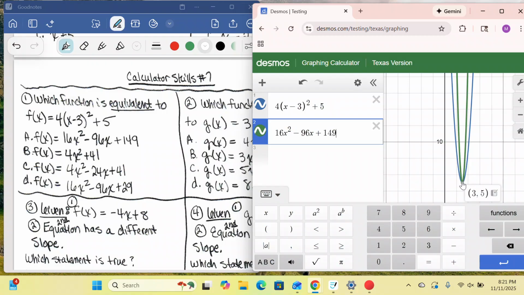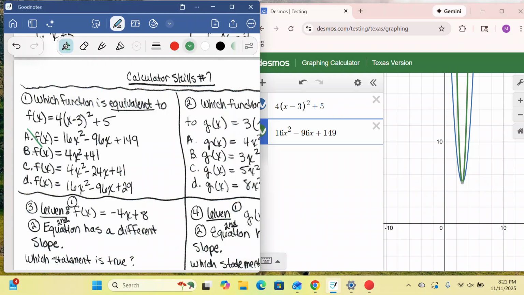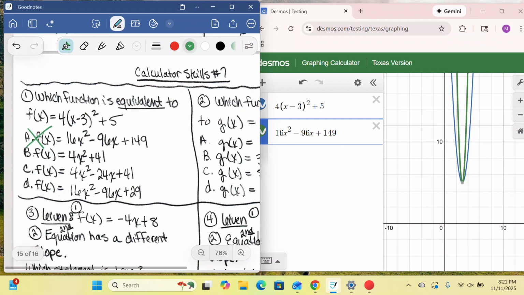Looking at that, yes, it does have the same vertex, but it's not identical, because in order for it to be equivalent, it has to be exactly equal, so they have to be overlapping. When I take off the green, it has to be the same exact graph on top of each other. And it does not, so letter A is not a choice. I'm going to scratch it out in green.